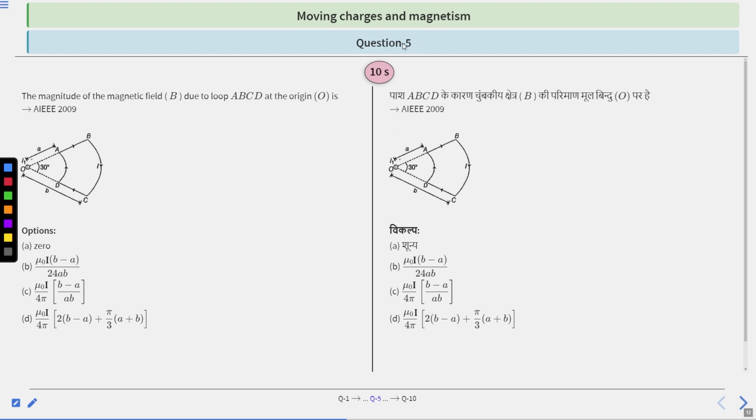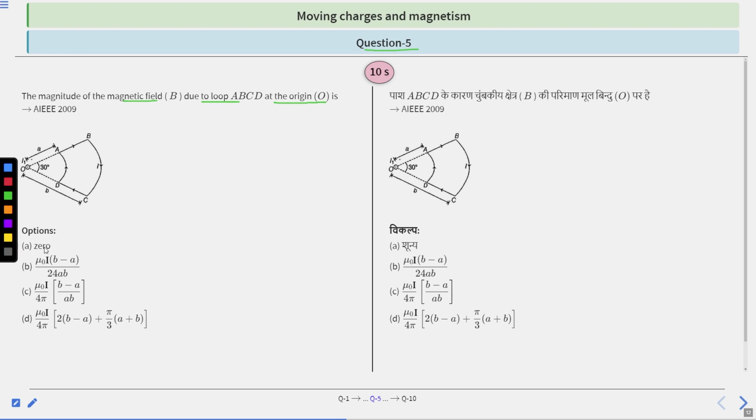Question 5. The question is, the magnitude of magnetic field B due to loop ABCD at origin O is what? So this is the diagram, and the question asks about the magnetic field at the center.